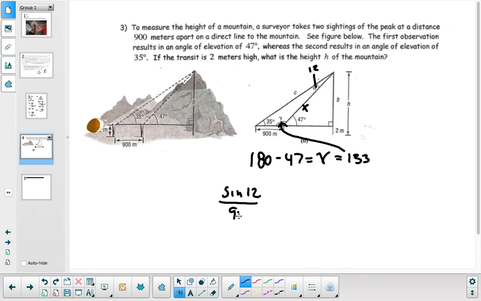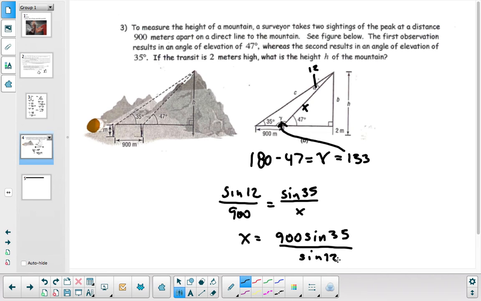Sine of 12 over 900 is going to be sine of 35 over x. Once we solve for x, we should get that x is 900 sine 35 over sine of 12.